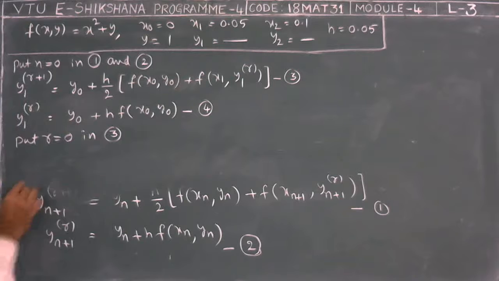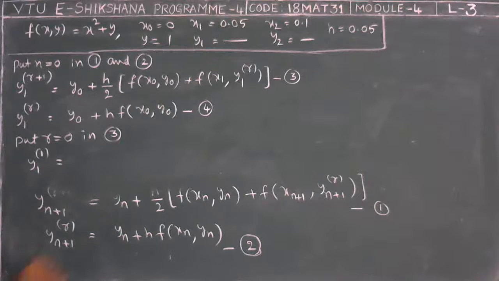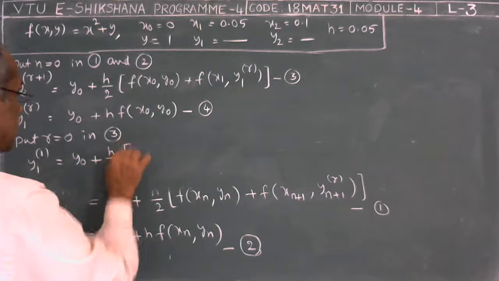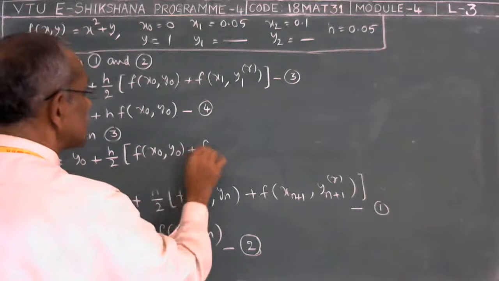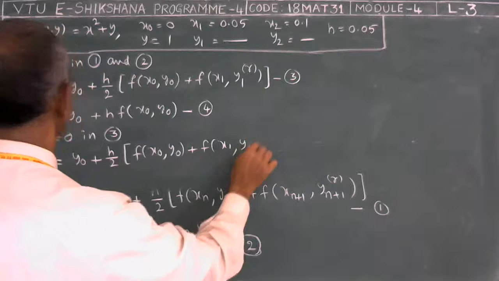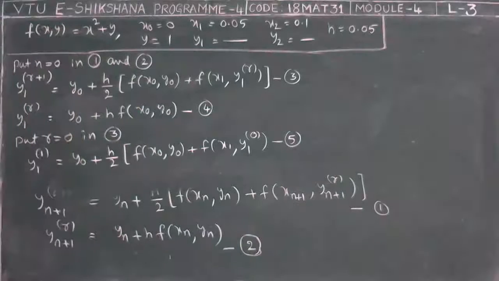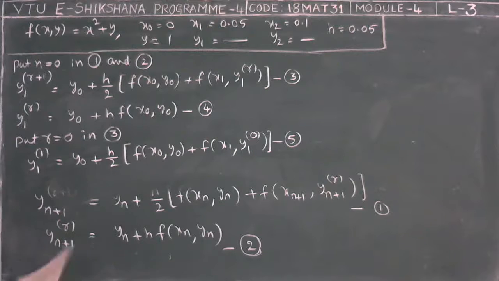When r is equal to 0, we get y1 1 is equal to y naught plus h by 2 into f of x naught comma y naught plus f of x1 comma y1 0. Call this as equation number 4. So I am fixing r is equal to 0 in 3. Okay. What is y1 0?